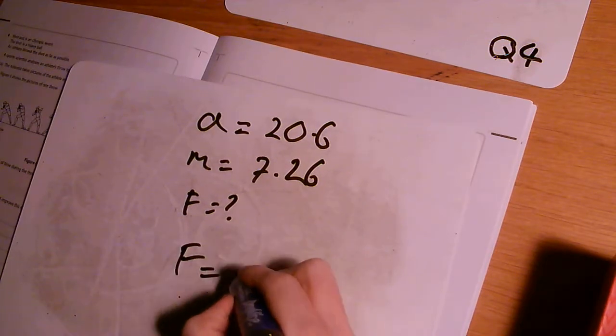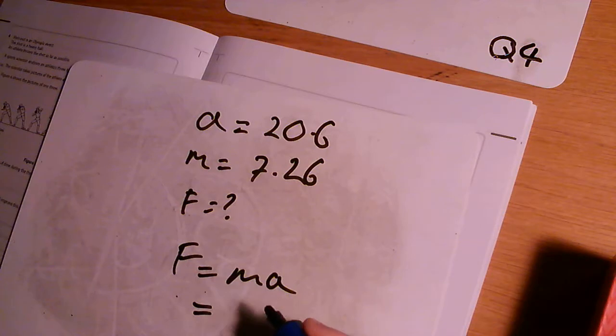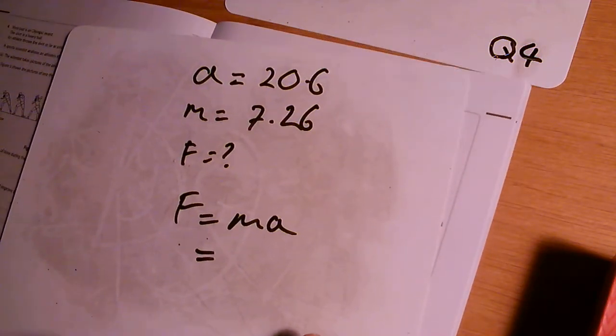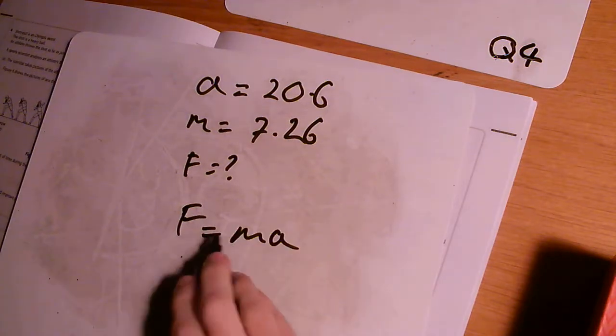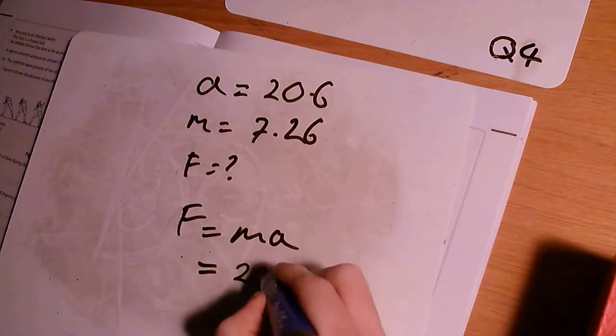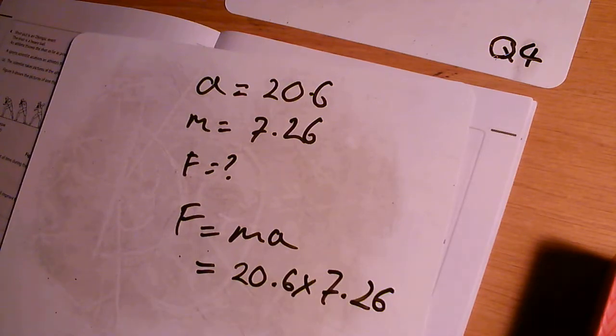F equals MA. We write the equation, then we put the numbers in. Remember, you can get more marks that way, or at least, if you get the final answer wrong, you've got the chance of getting working marks. F is M times A, so it's going to be 20.6 times 7.26. Which, if you whack in your calculator, you will end up with 150.